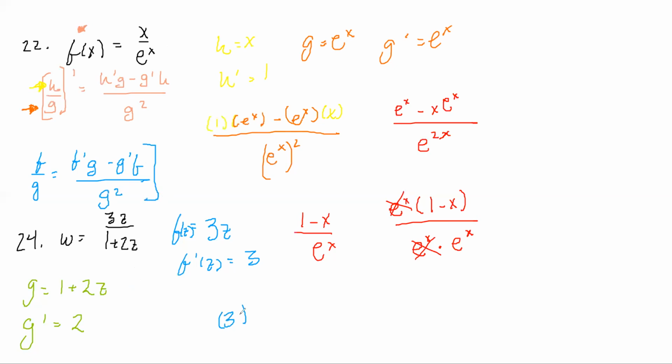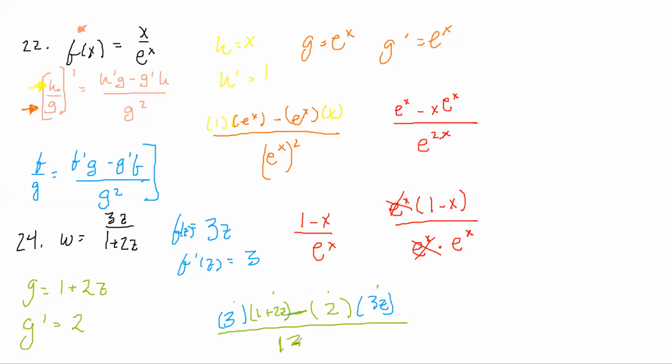So this is 3 times g minus g prime times f, and this is 3z. Sorry, switching colors is time consuming. So this is going to be 1 plus 2z, and that's a minus, and that's going to be 2. So I have f prime times g, and then g prime times f, all over g squared.